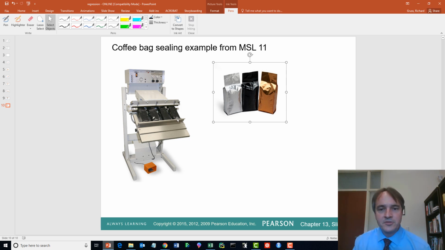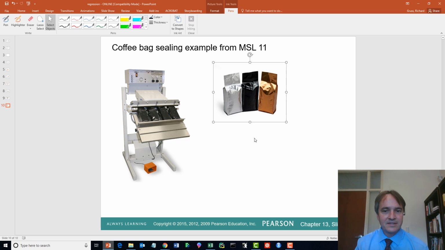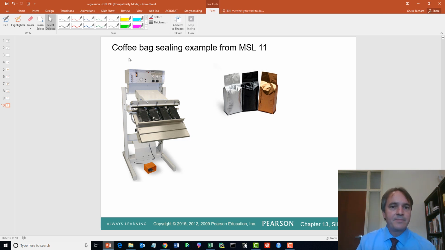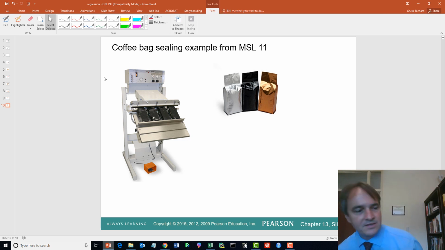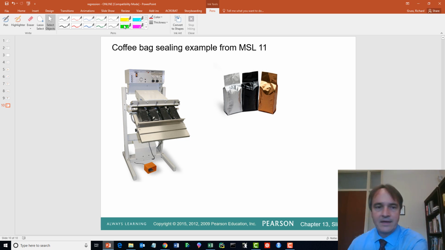So they want to determine, well, okay, what factors of actually sealing the bag, what factors of the process actually affect how likely they are to tear these things. So they came up with some kind of metric of tearability. They came up with some kind of measure of how tearable the liner is.